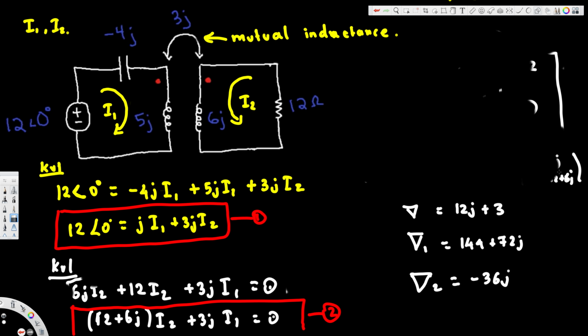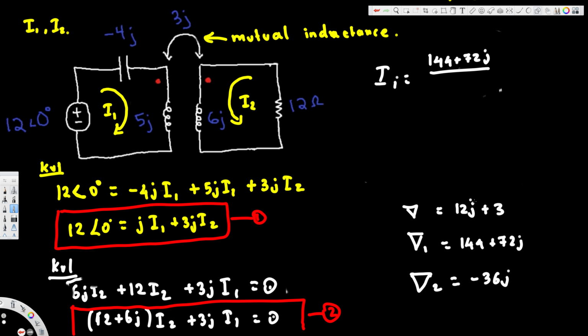Cramer's rule says you can find I1 by putting del 1 on top, 144 plus 72j, and dividing by the original determinant, 12j plus 3.